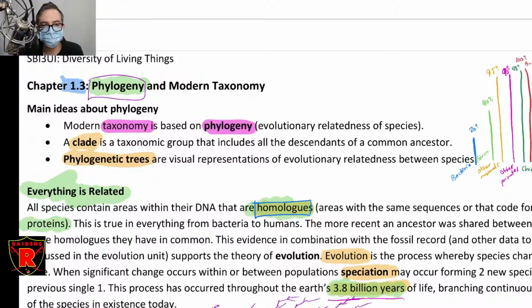Orcas and blue whales look very similar to each other morphologically, and wolves and orcas look very different from each other morphologically. However, in actual fact, if you look at how related they are on a genetic level, orcas are more closely related to wolves than they are to blue whales. And that is because all whales, different groupings of whales, evolved to become ocean animals, mammals in this case, at different times.